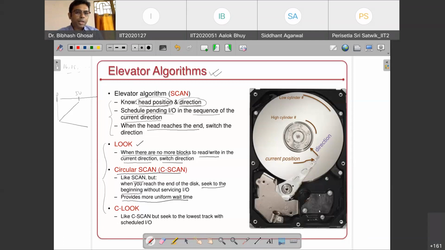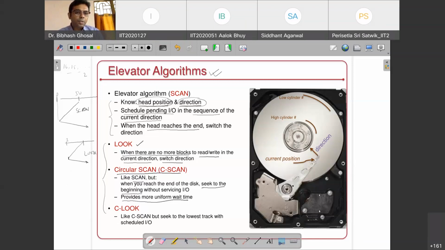And then you start moving here. Look says, no, don't go to 0. Stop at the end, which is the currently servicing requests. So for look, it will be from 50 up to, let's say, the last was 2. You go to 2 and then you switch direction. This is scan and this is look.